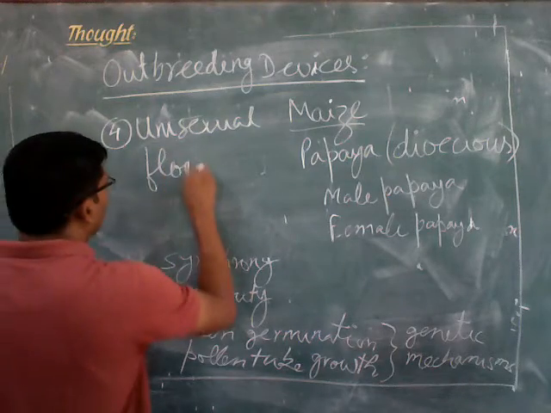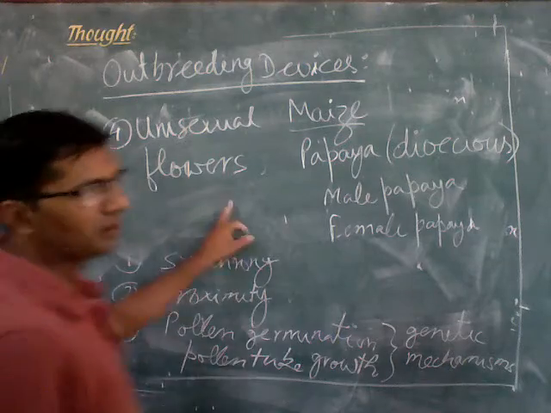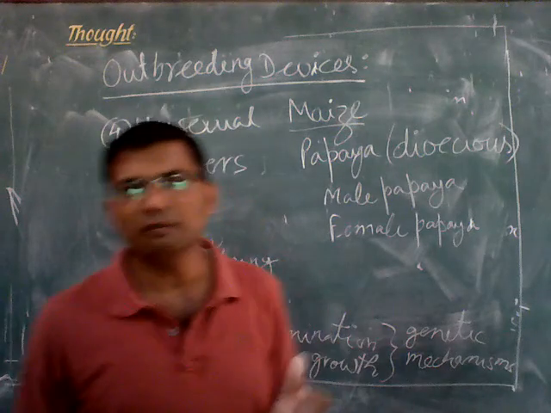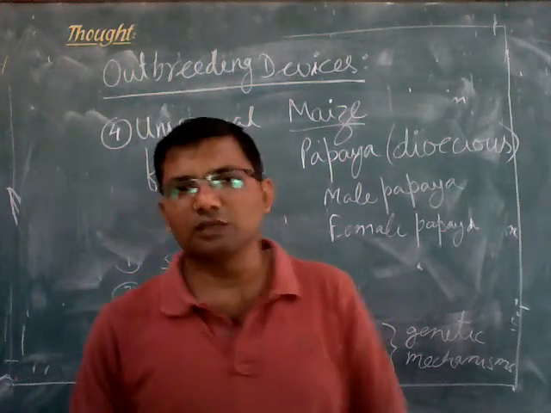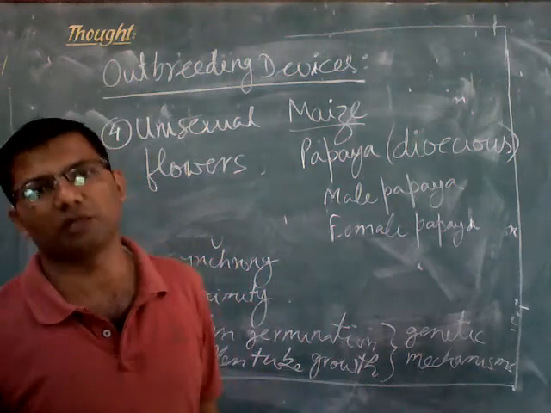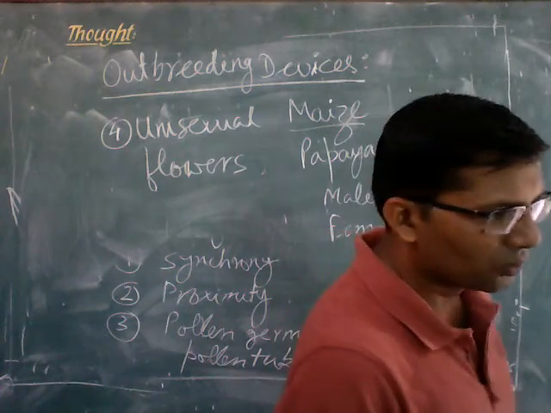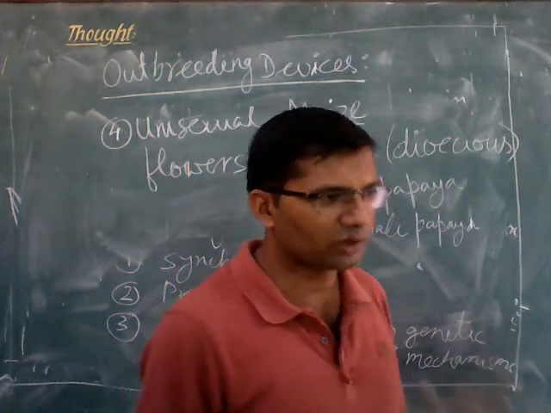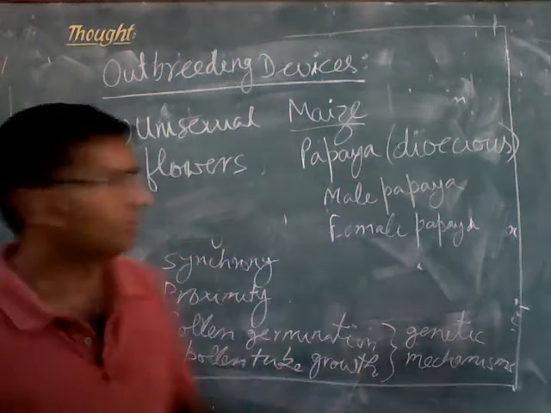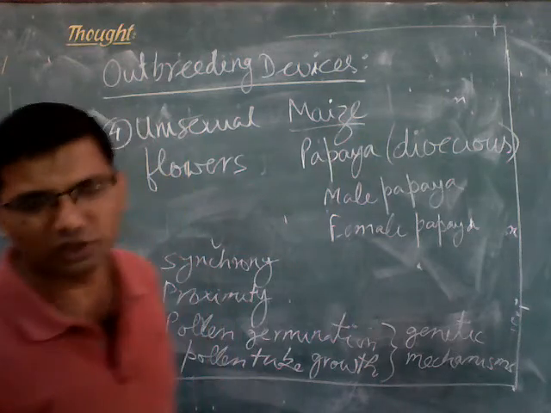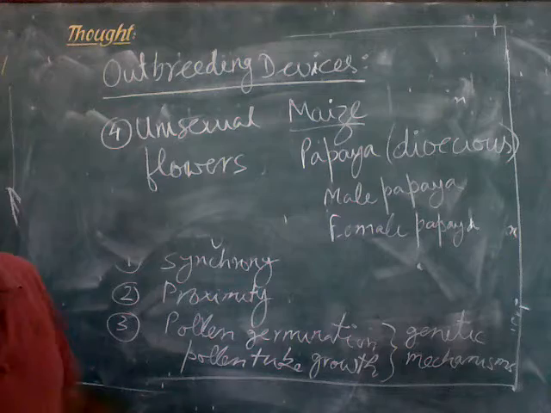Unisexual flowers of the dioecious condition, for example papaya, help to avoid self-fertilization. In papaya there is zero possibility of autogamy, because of the dioecious nature. This prevents both autogamy and geitonogamy. In maize it is possible to have geitonogamy, but in papaya it is not possible at all.